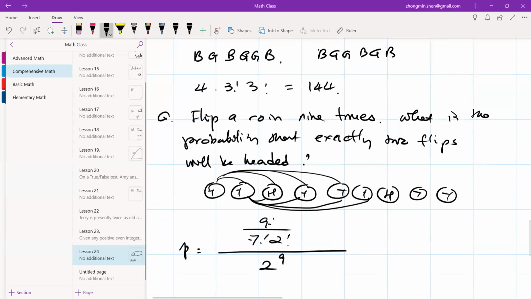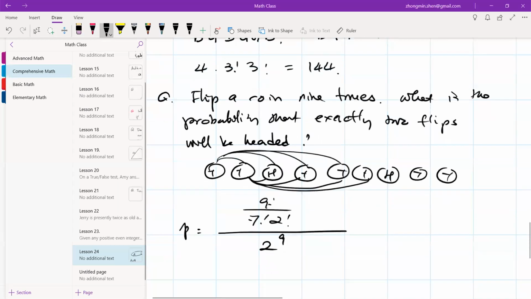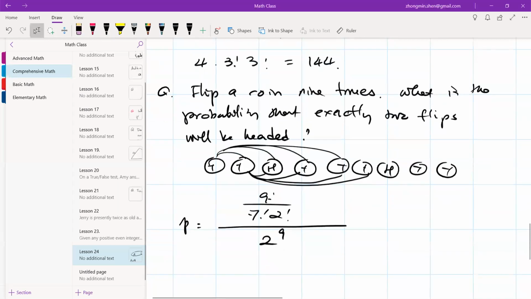Then if brother 3 and brother 5 are selected, those 2 get H. The rest of them get a T. So the number of pairs of brothers is going to be 9 factorial over 7 factorial, 2 factorial. Then you simplify it, so you get the answer.